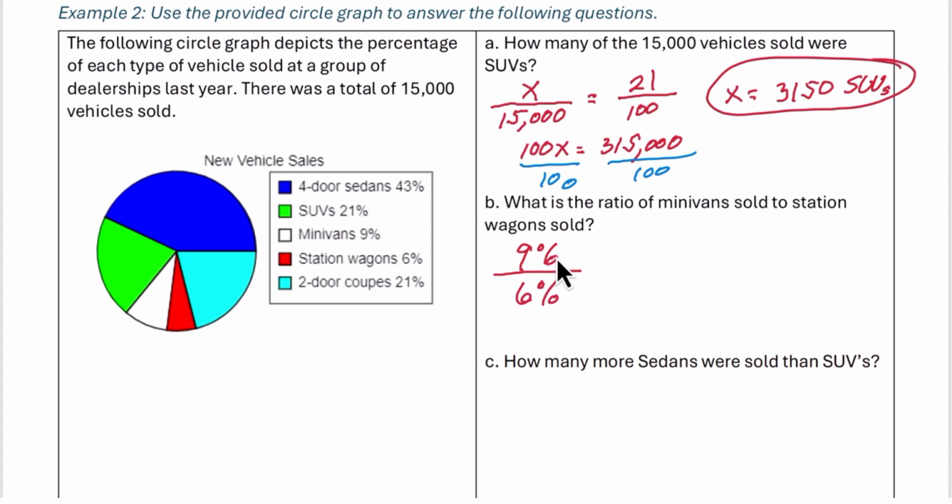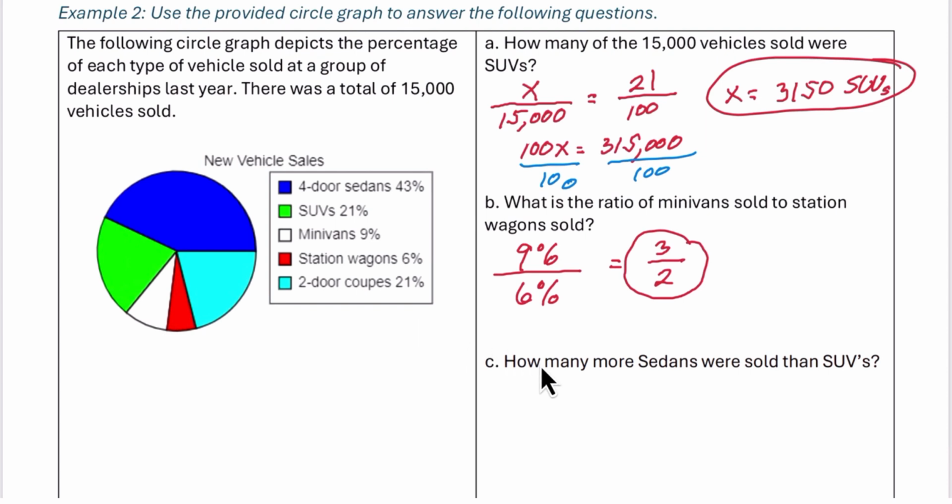Since both numerator and denominator contain a percentage, we can just ignore that percentage for now and focus on the 9 divided by 6. Both of those have a common factor of 3. So we'll divide 9 by 3 to get 3, divide 6 by 3 to get 2. So the ratio of minivans to station wagons, 3 to 2.